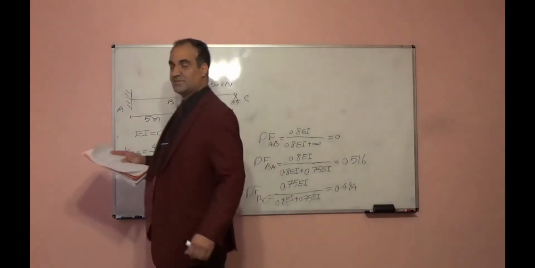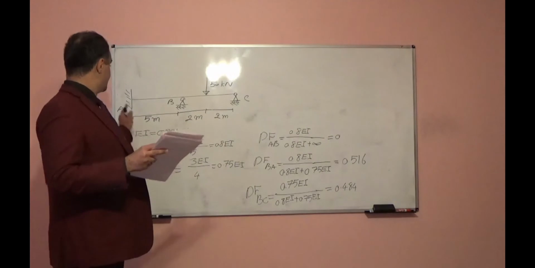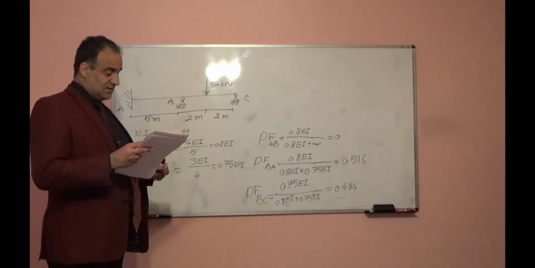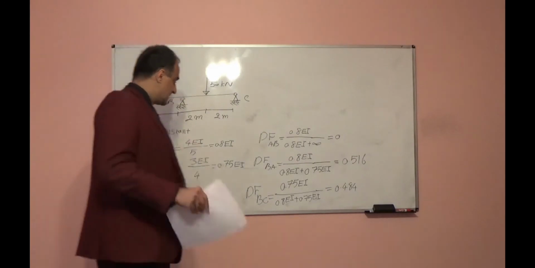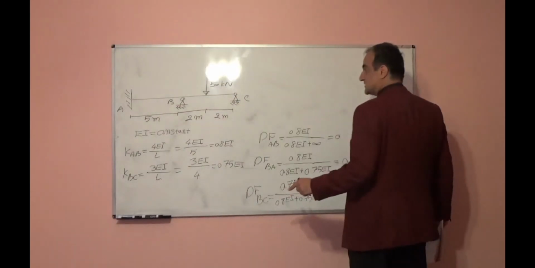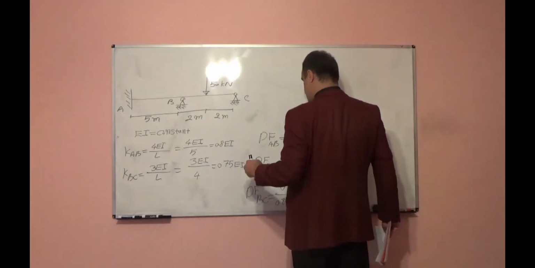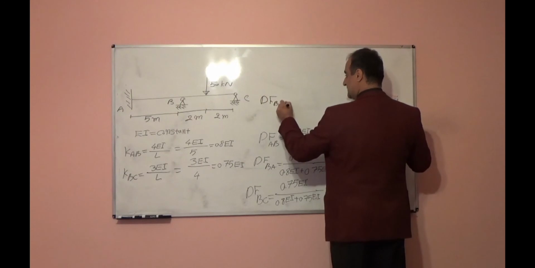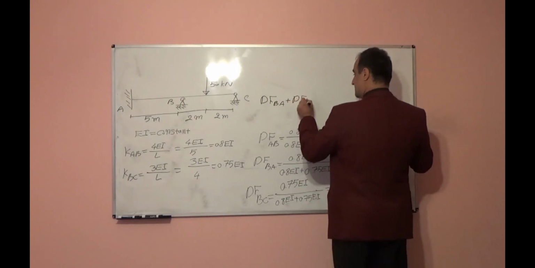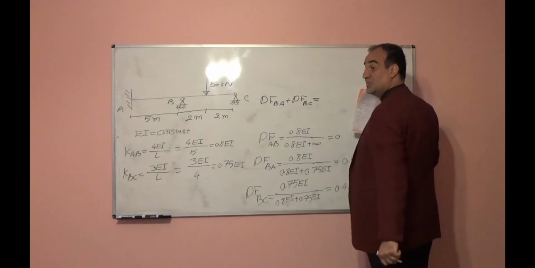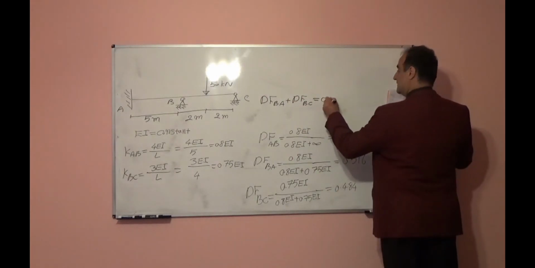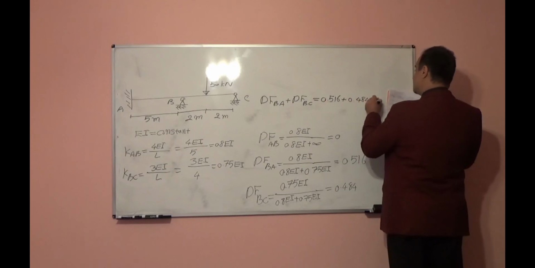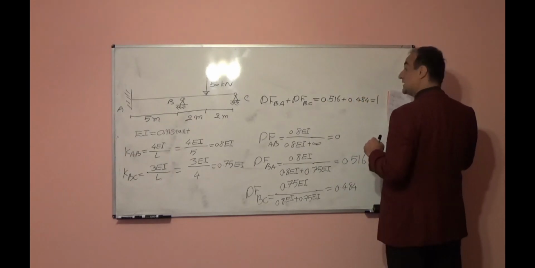So up to now we find the distribution factor for AB, BA, BC. And now look at here, these 2 members reach to the joint B, so the summation of this distribution factor BA plus distribution factor BC should be equal to 1. If you add these numbers, you will get 1, so that is right.